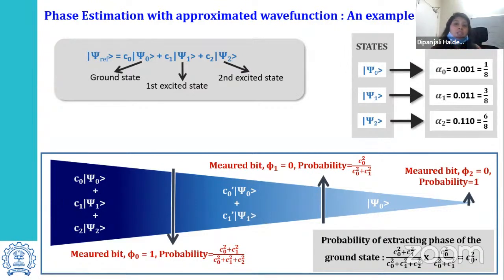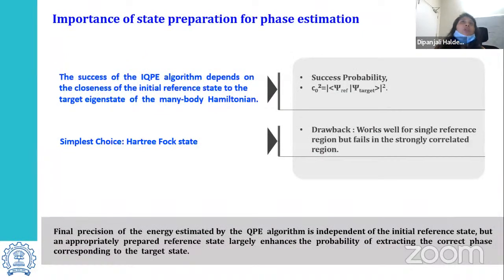It is worth mentioning at this point that the initial state preparation is of utmost importance for the success of the phase estimation algorithm, because the closer the initial state is to the target state, the higher the probability of hitting the correct target state. Since the algorithm is probabilistic in nature, there are chances that the phase estimation might take us to some undesired higher excited roots.